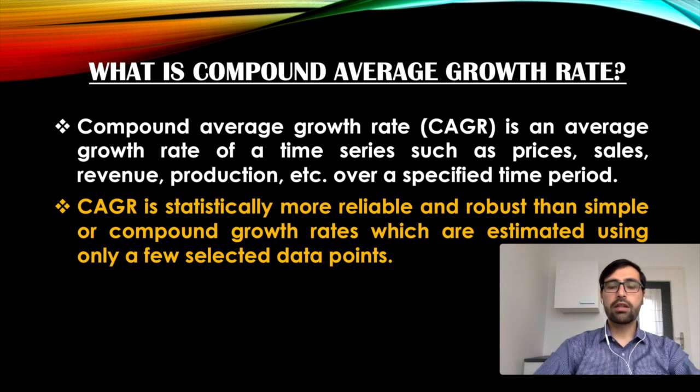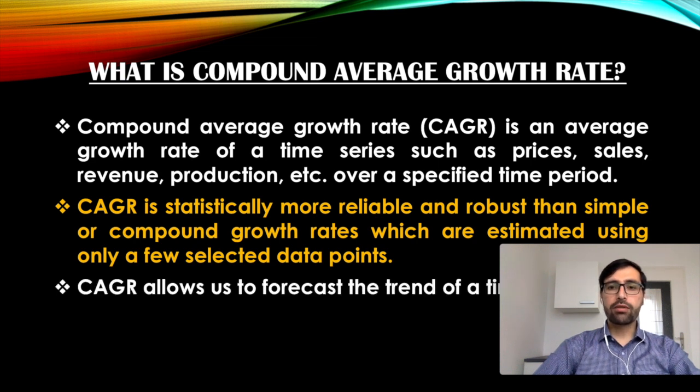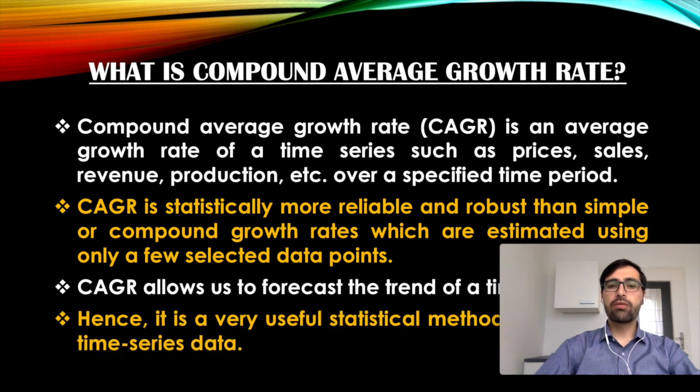Hence, it is statistically more reliable and robust than the simple growth rates, which are commonly used by different people and practitioners. Compound average growth rates allow us to forecast the trend of a time series and also make predictions of the time series variable. Hence, it is a very useful statistical method for analyzing time series data, especially trend analysis.